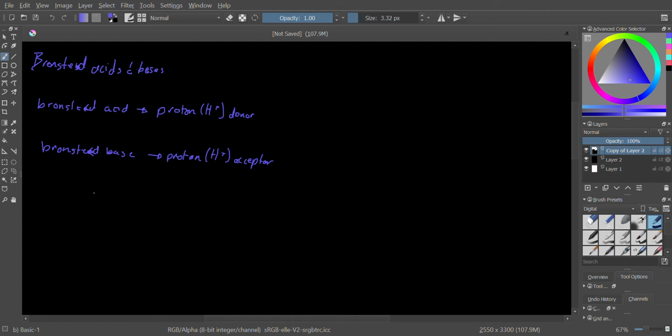that's not as important. But something to keep in mind with Bronsted acids and bases is that you have these things known as conjugate base pairs, where essentially every acid has a conjugate base and every base has a conjugate acid.